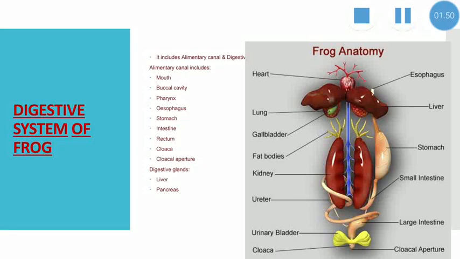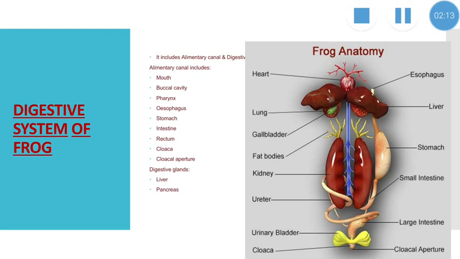As in the case of the frog, the digestive system also consists of the alimentary canal and digestive glands. The alimentary canal consists of mouth, buccopharyngeal cavity, esophagus, stomach, small intestine, rectum and anus.